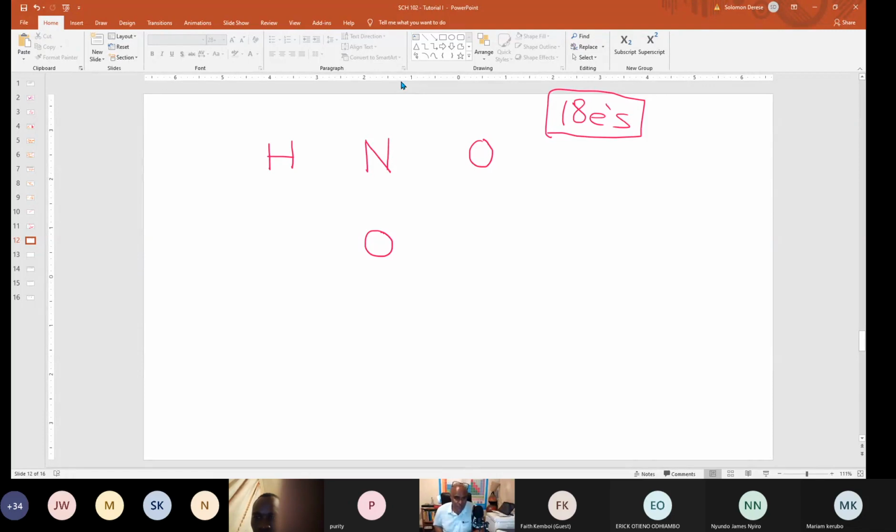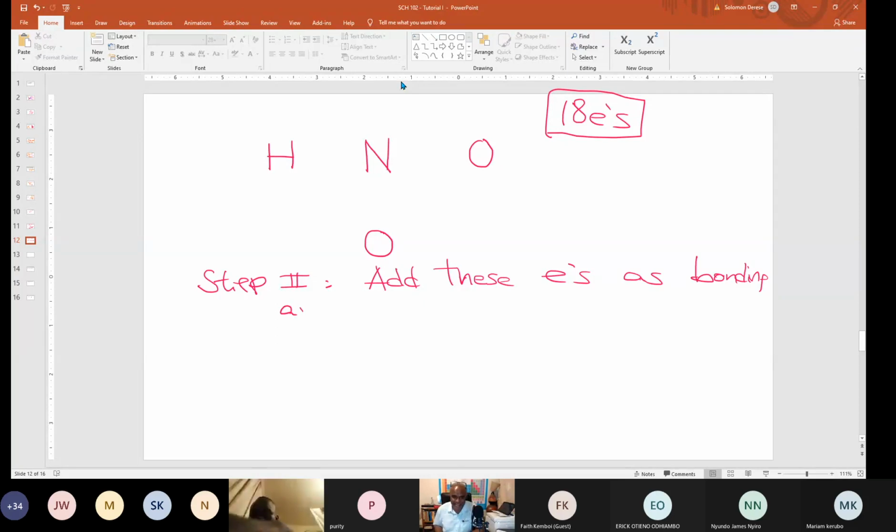So the first thing you have to do, step 3, is to use these electrons as bonding and non-bonding electrons. Bonding means the electrons belong to both atoms involved in the chemical bond.